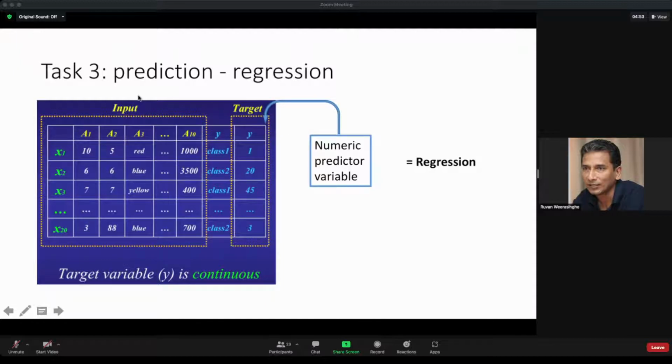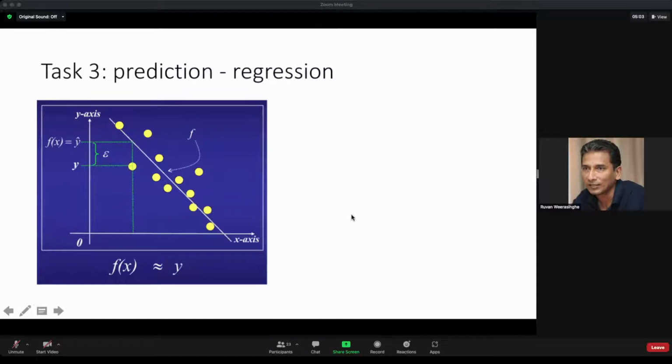This data set shows the input data and a label, a class label or a numeric label. If it's numeric, we say regression. In regression, the simplest case is we have the target variable and one independent variable, and we are trying to fit a line.